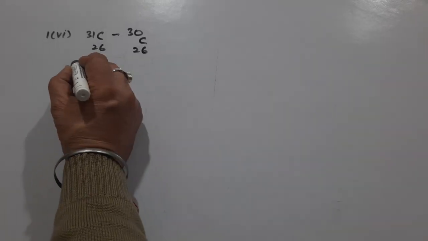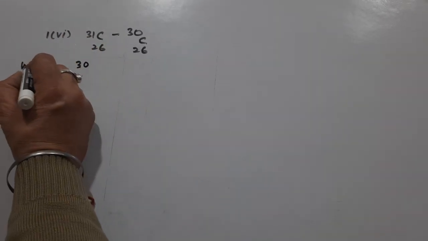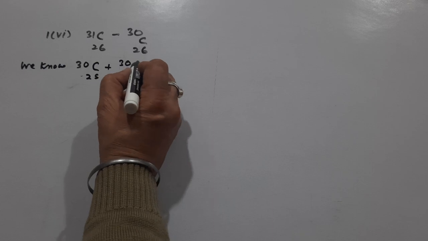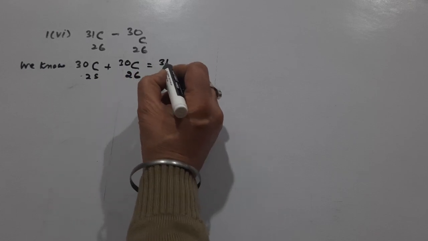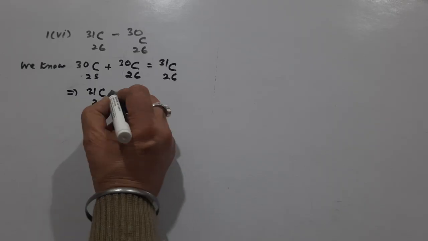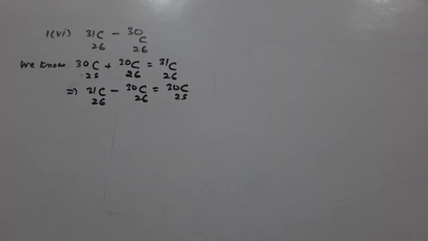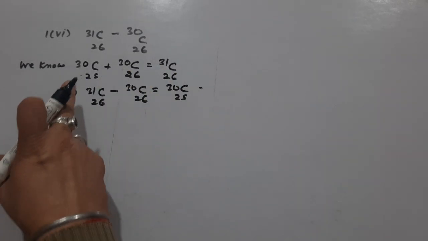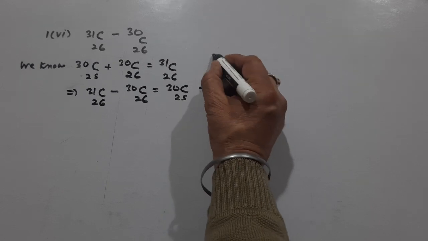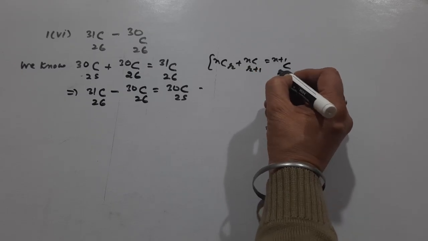Now students, we know the formula that 30C25 plus 30C26 is equal to 31C26, by the property NCR plus NCR plus 1 is equal to N plus 1 CR plus 1, right?